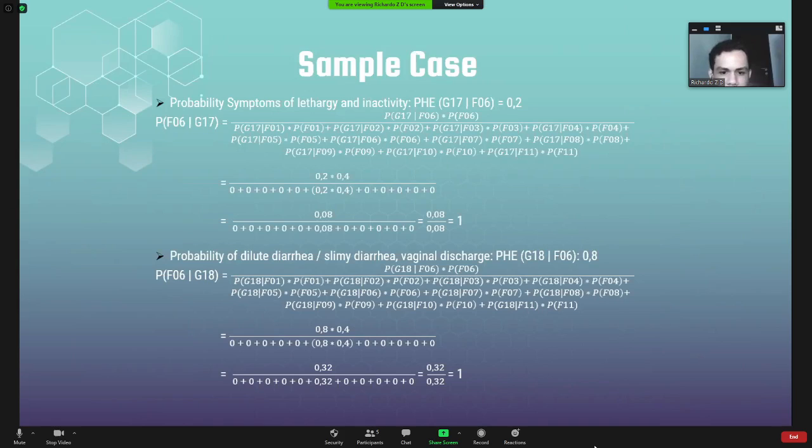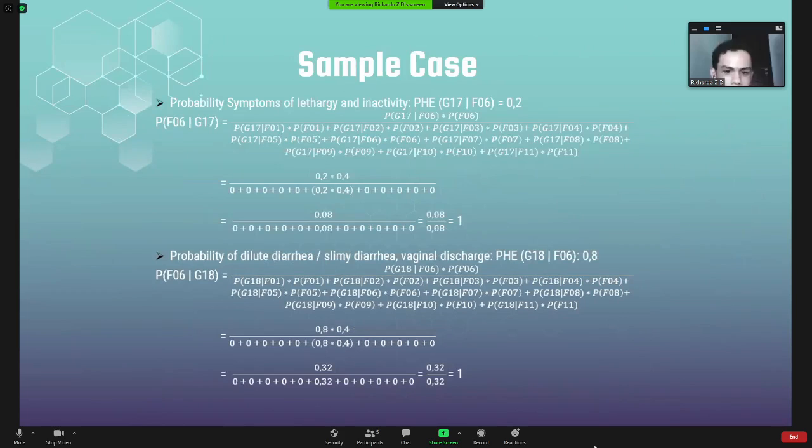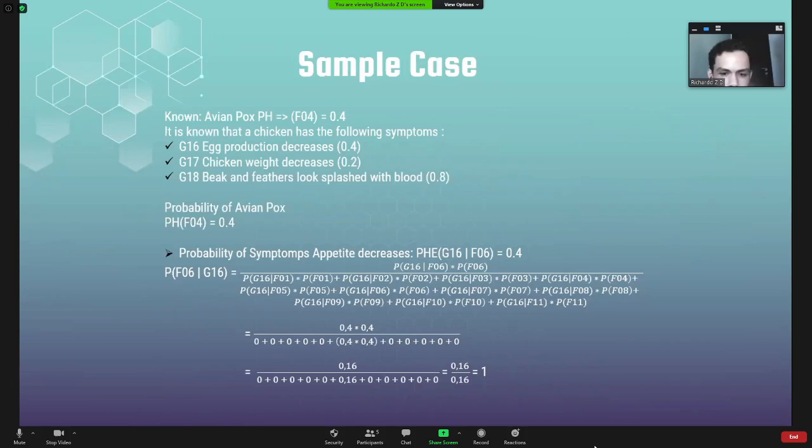So the probability of the symptoms, we get from G16 and G17 is 1, and the last one G18 is 1.